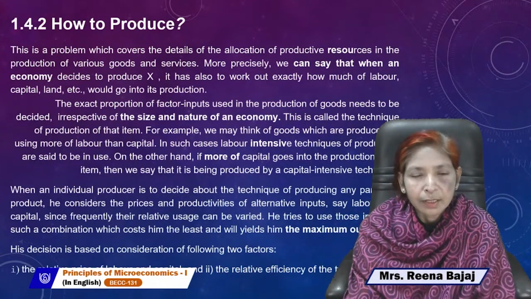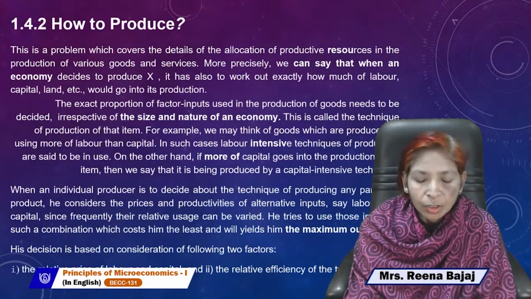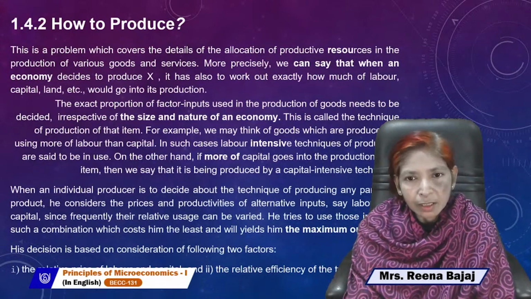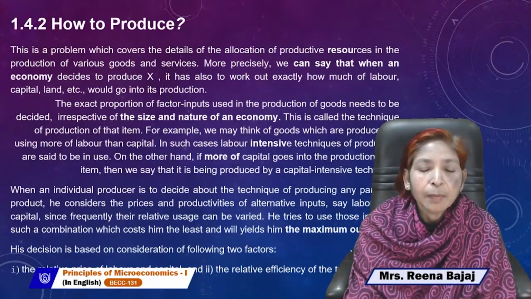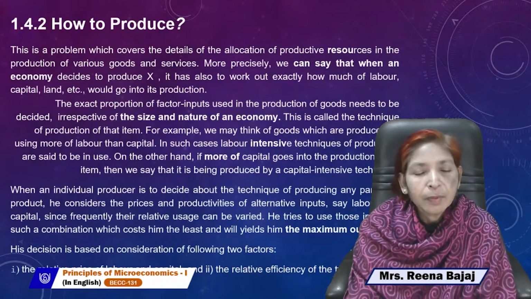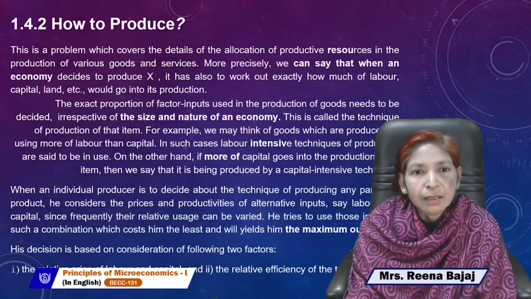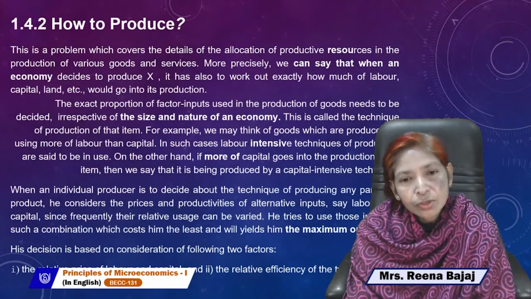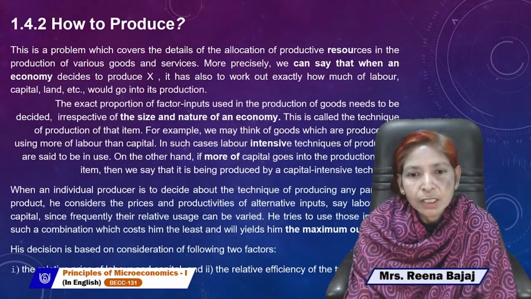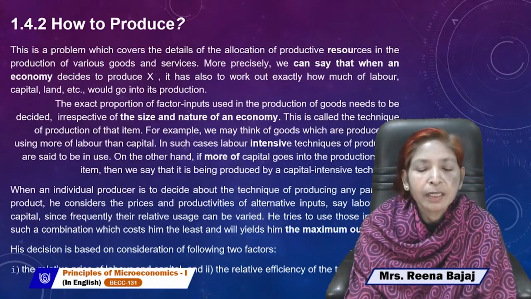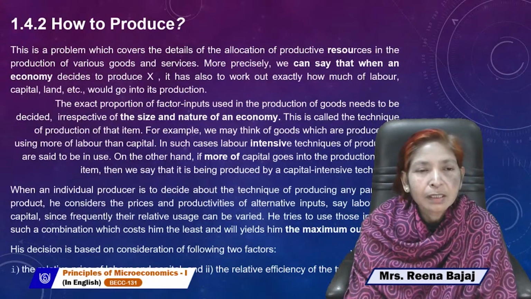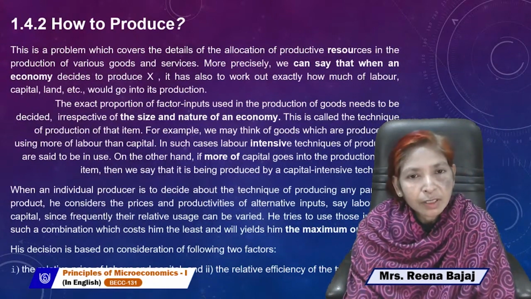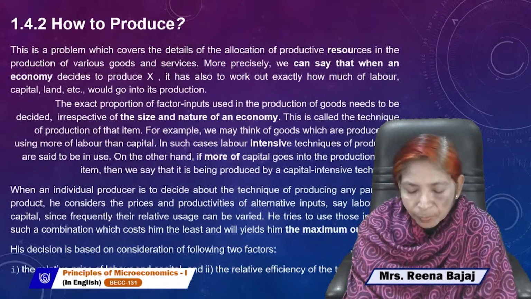But in the USA, capital is abundant and labor is scarce. So the USA will use more capital intensive technology instead of labor intensive techniques. So how to produce is the problem which is related with choice of technology.